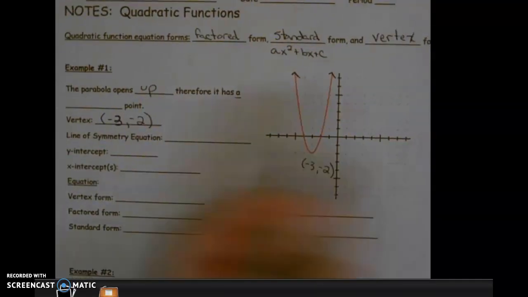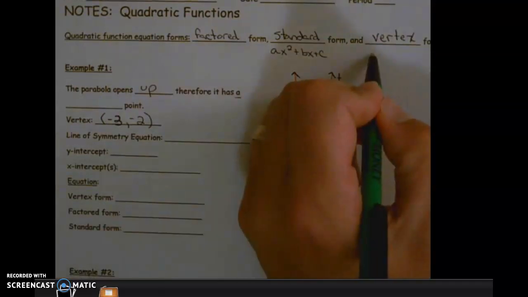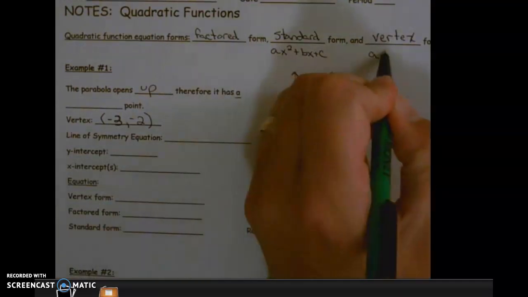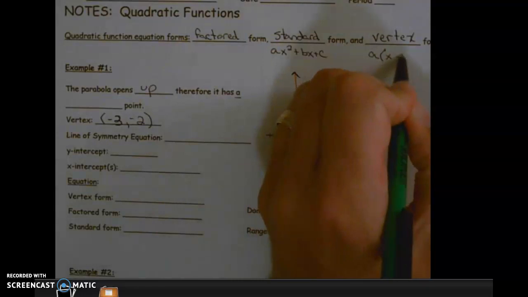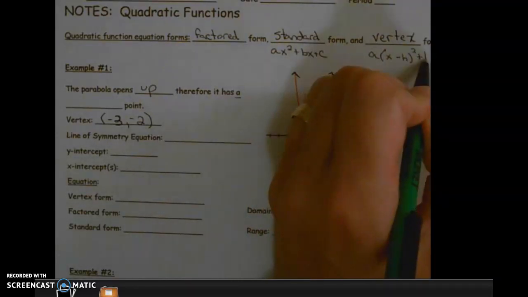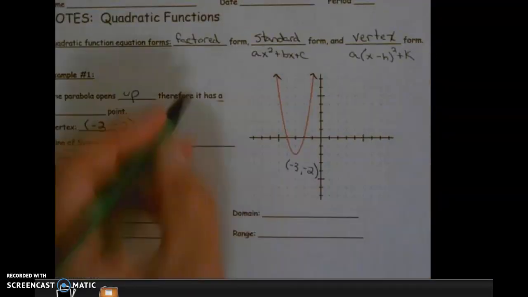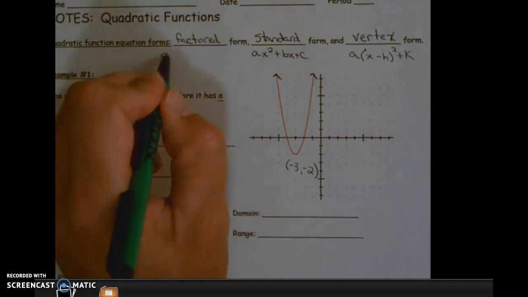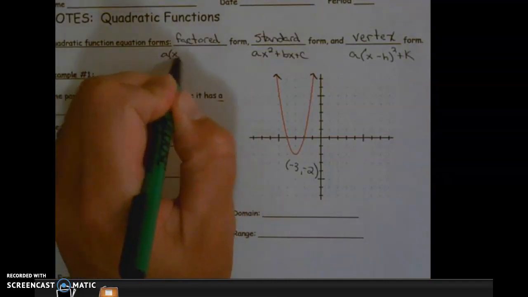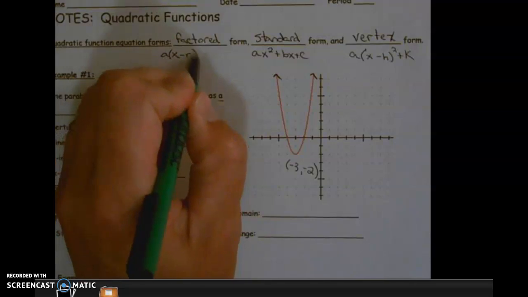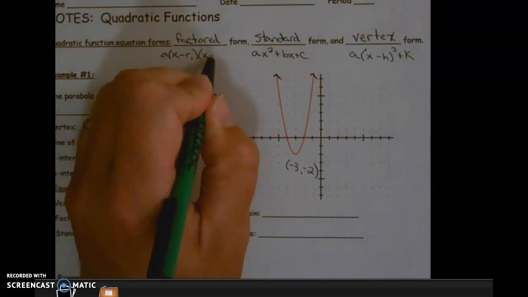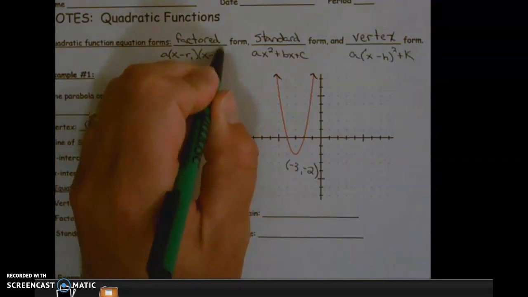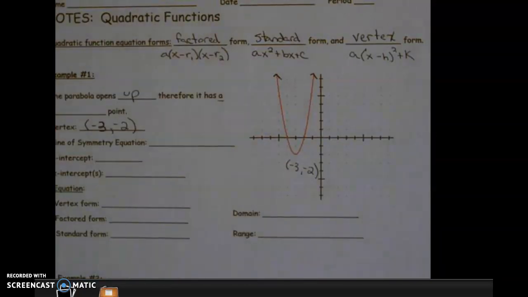Vertex form, same thing, it's in the front. And then in factored form, the a value is also in the front. We'll talk about these forms in a few moments, what everything means.